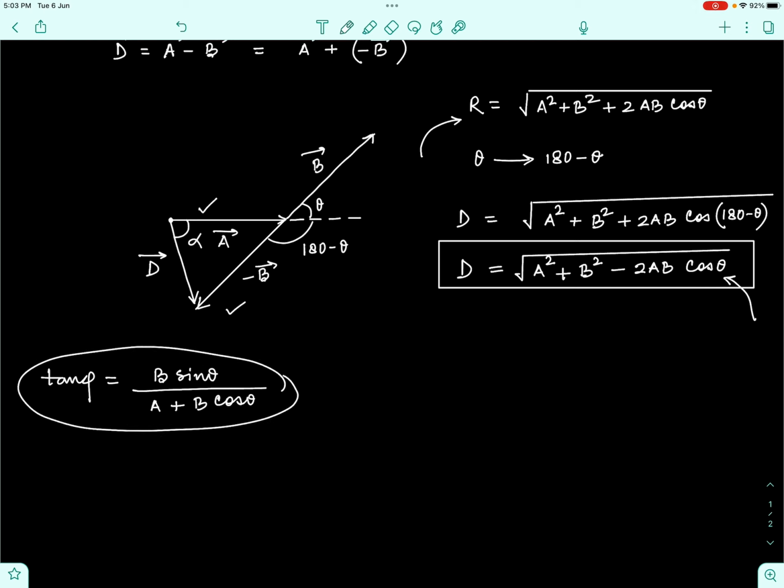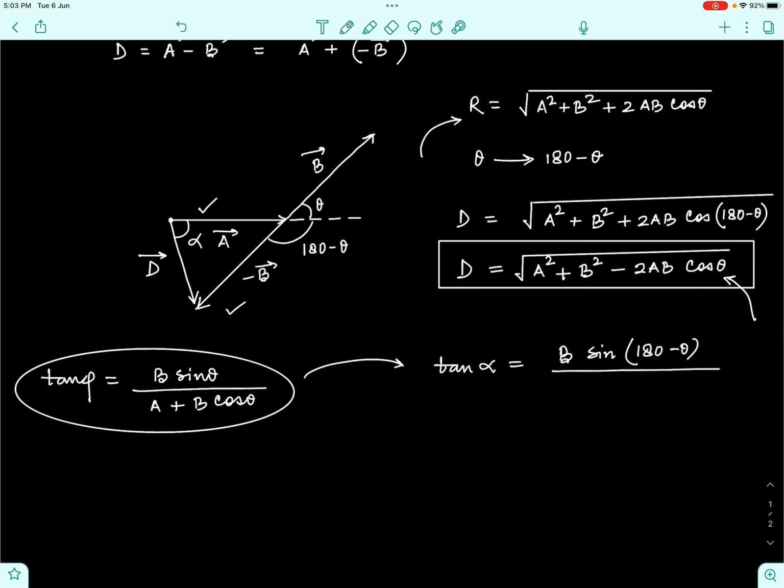So on the same lines, we can just replace theta with 180 minus theta to get tan alpha as b sin(180 minus theta) over a plus b cos(180 minus theta) again.